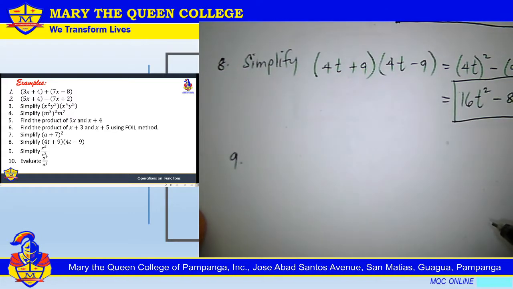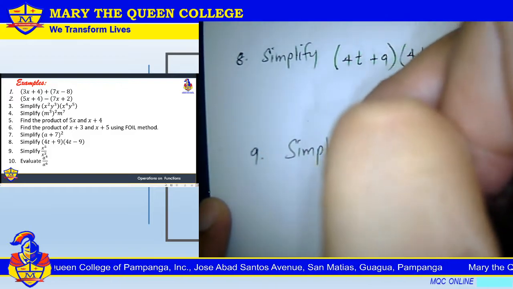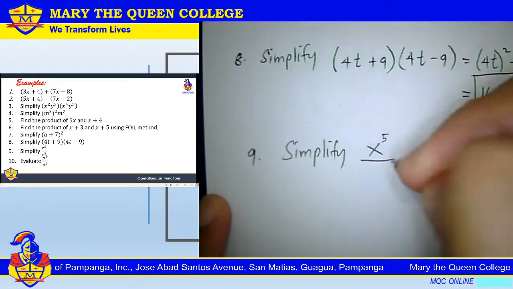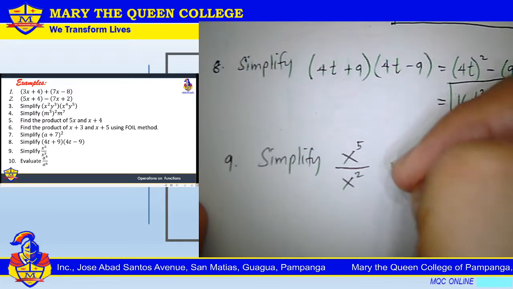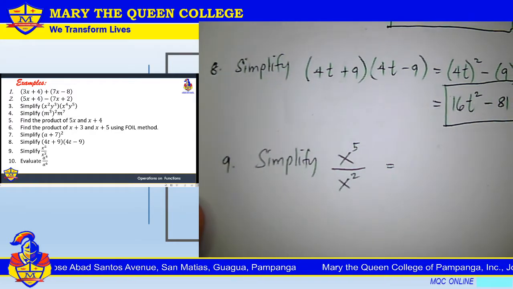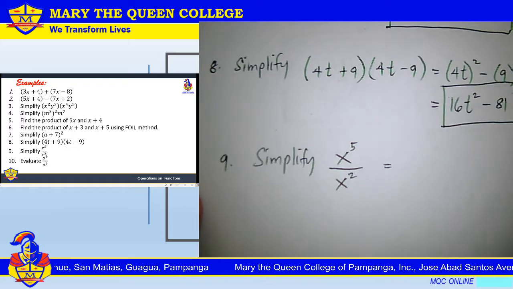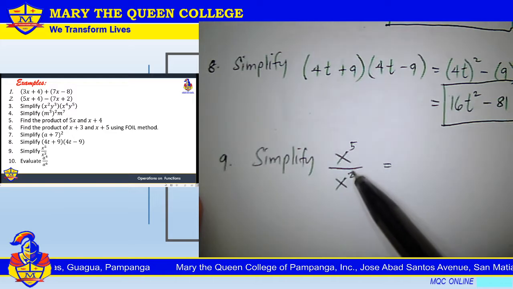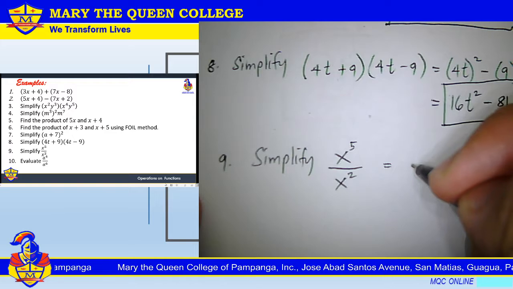Okay. So, for number 9, simplify. We have to simplify x raised to 5 all over x squared. Okay? So, from here, class, we can now apply the rule in division of exponents. Okay? So, we have the first rule, if you still remember, if the exponent of the numerator is greater than the exponent of the denominator, we will just simply subtract their exponents.